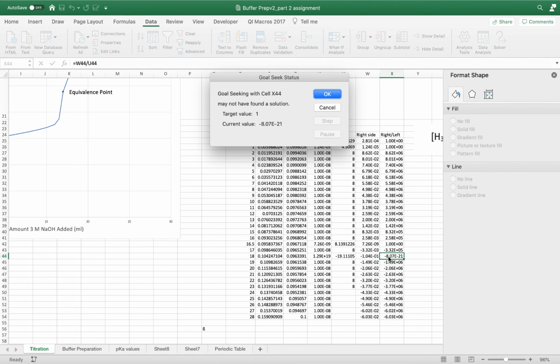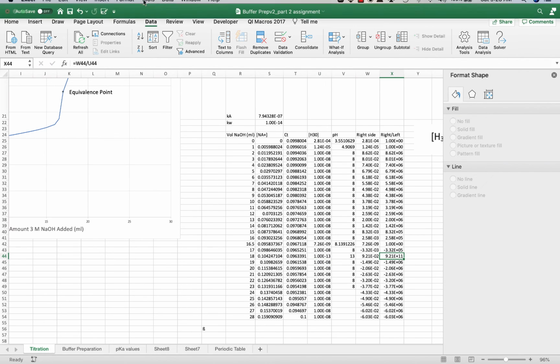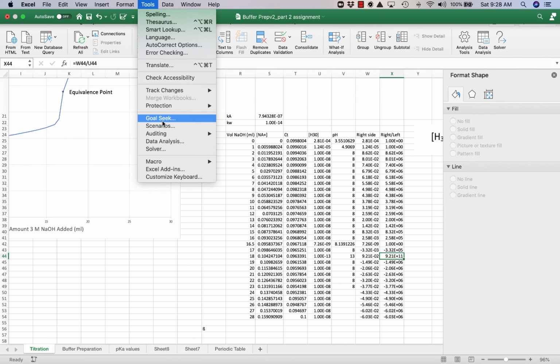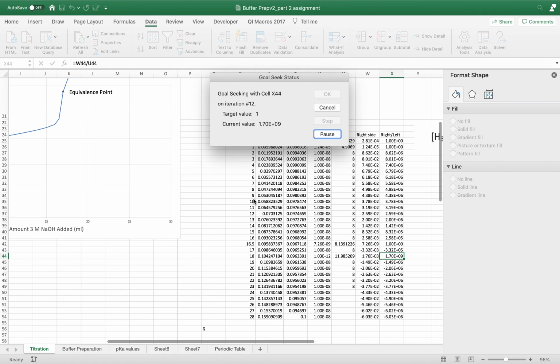And in this case, it wasn't able to converge on 1. When you see that happen, go ahead and change your initial guess to something like 10 to the 13th, and then retry it. It does have to have a semi-close value. So in this case, it was able to converge down to 10 to the negative 12th.